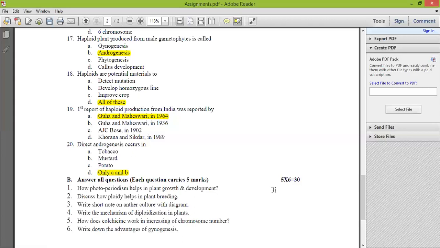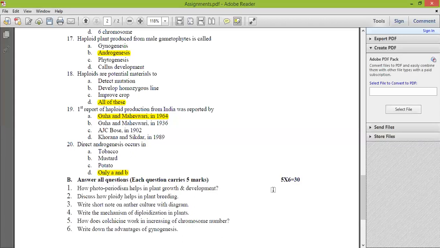You can add this point I mentioned in the class: only when androgenesis is not possible do we choose gynogenesis, because there is only one ovary in a flower, while numerous anthers and pollens are there. So pollen androgenesis is a far better option than gynogenesis.